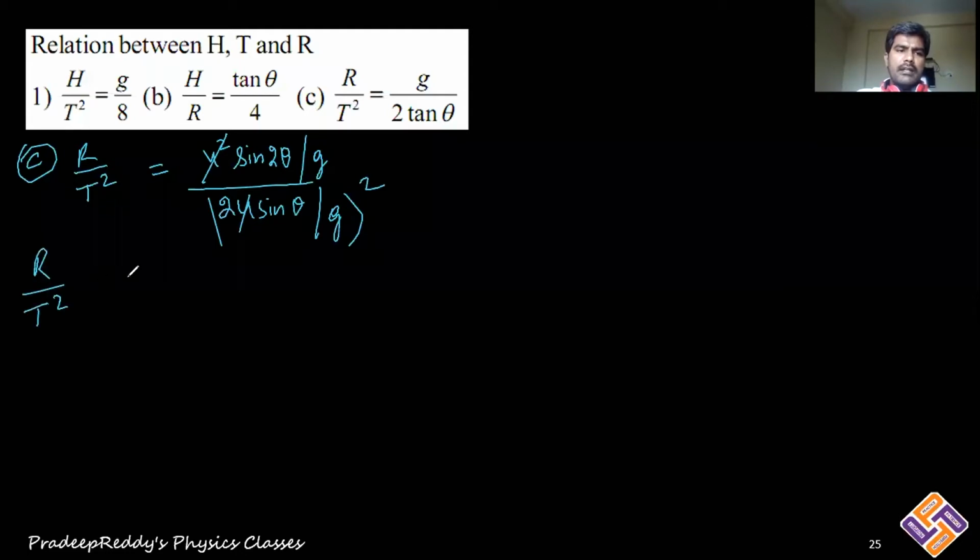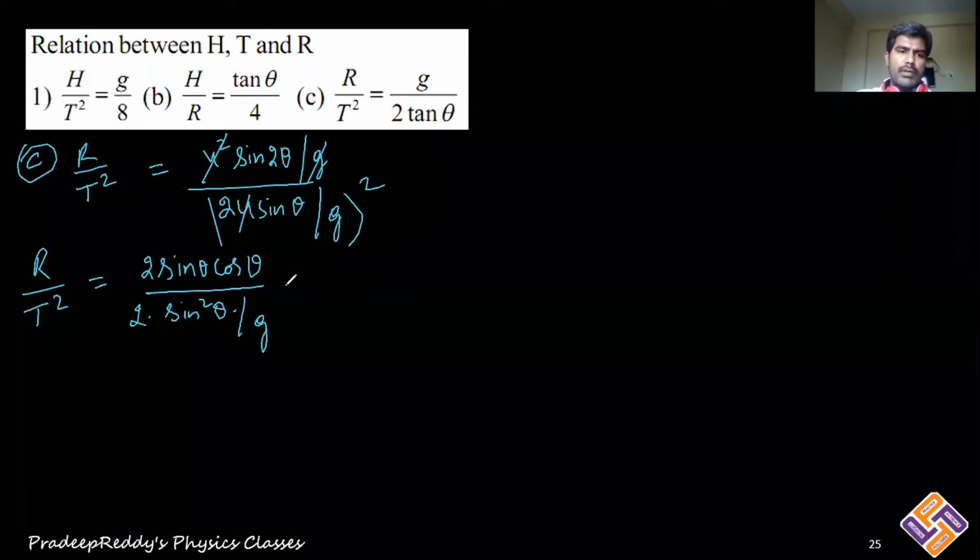R divided by t square is equal to, sine 2 theta can be written as 2 sine theta into cos theta, and this g gets cancelled, divided by 2 into sine square theta, 2 into sine square theta into what is left over here? G is left over here. In the numerator g gets cancelled and in the denominator this is g square, right?